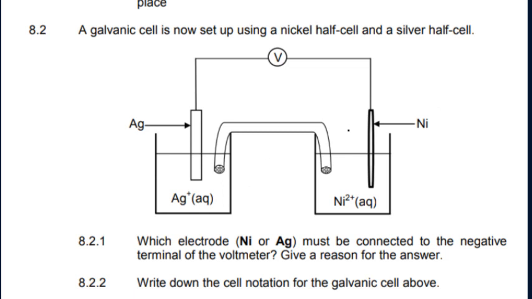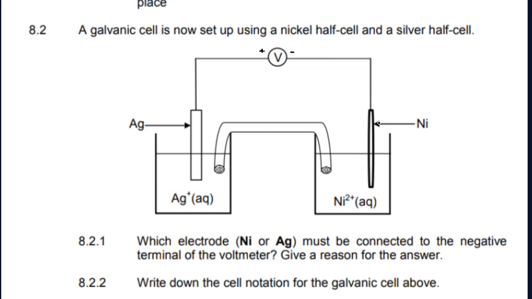Question 8.2.1 says which electrode, the nickel or the solid silver electrode, must be connected to the negative terminal of the voltmeter, and to give a reason for your answer. The negative terminal of the voltmeter is on this side, that's the positive terminal.